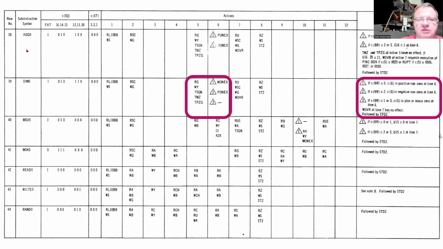In this case, we've got AUG 0, DIM 0, MSU 0, read, write, and so on. And at each action it will generate a series of control pulses. For example, here at time 02, if we're executing the AUG 0 sub-instruction, we will trigger an RSC and a WG control pulse at the same time.